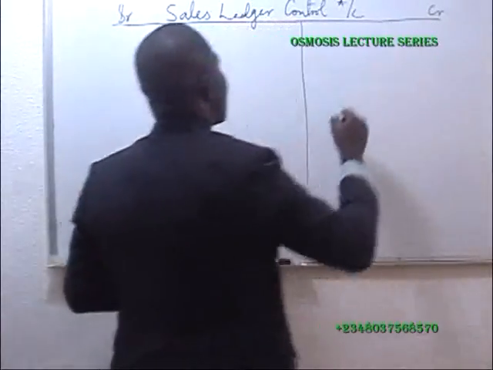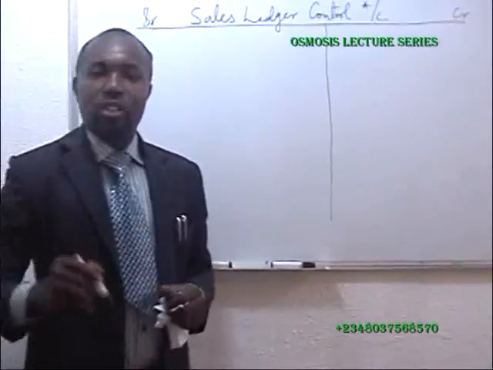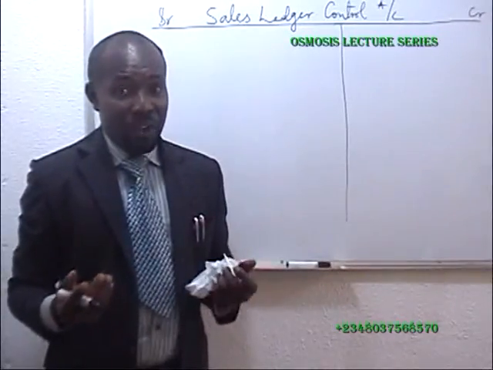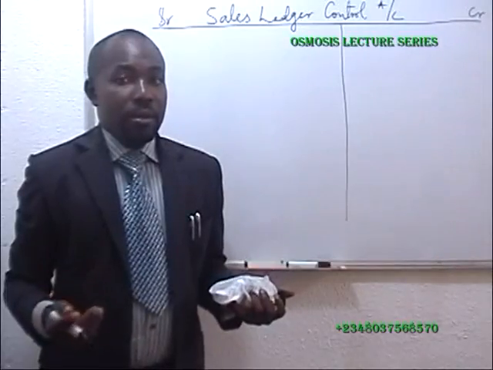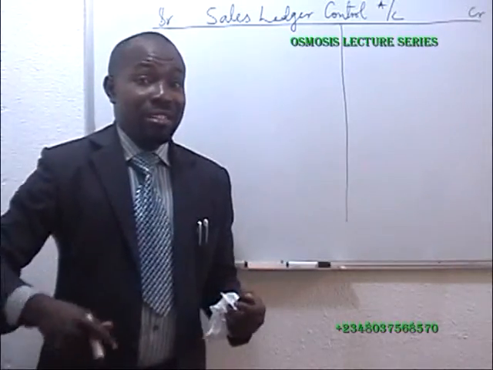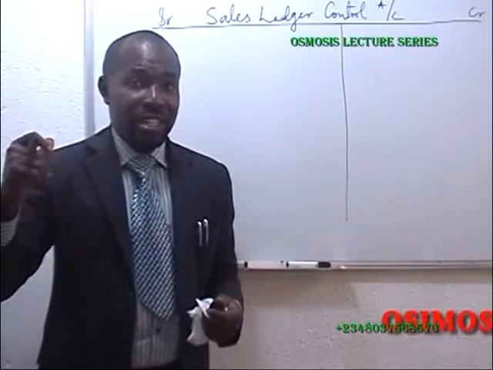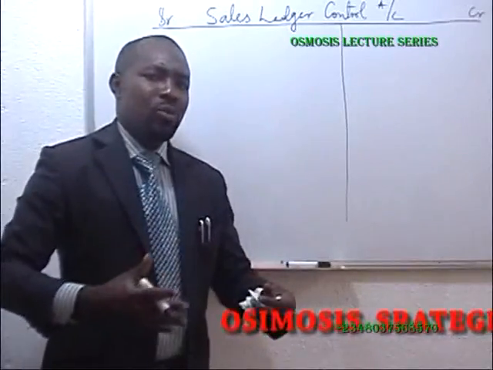Remember, I had earlier told you that control account is not part of the double entry system. Are you getting me? But that does not mean the double entry system had not earlier taken place. In this control account, we are only showing one part of it.